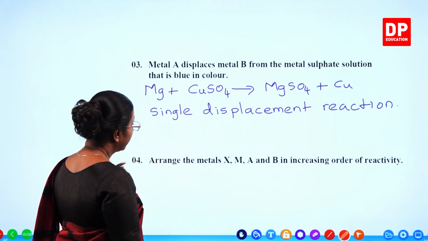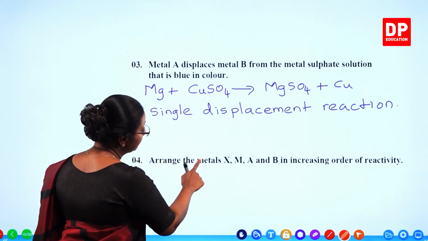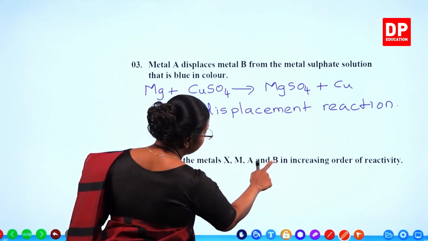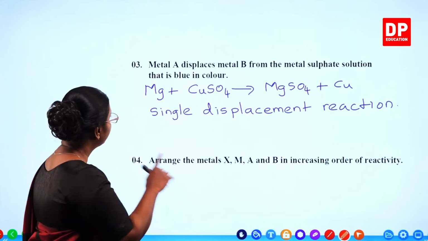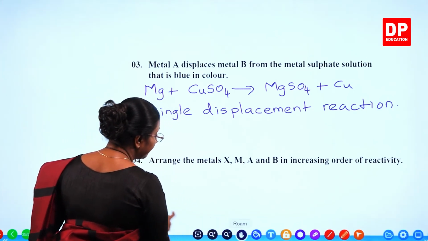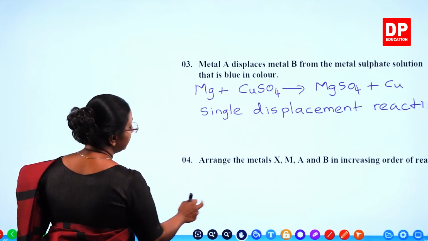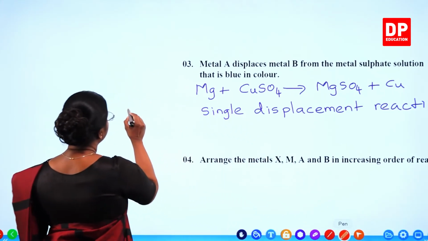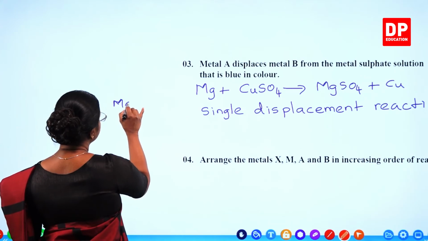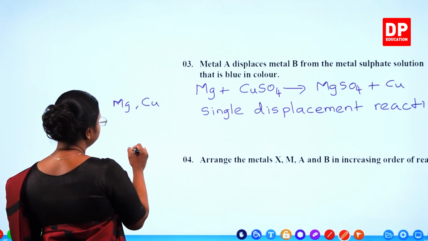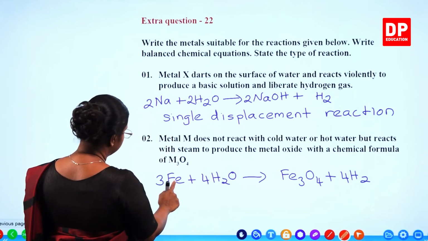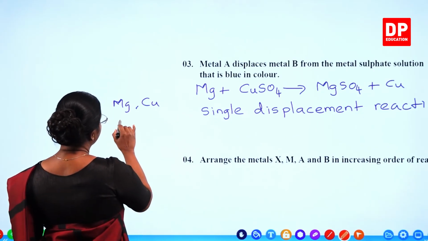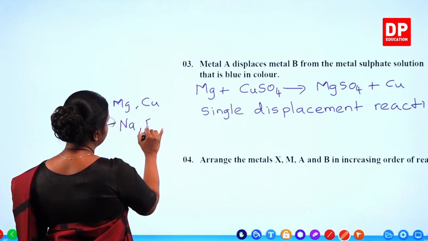So then, you need to arrange the metals X, M, A and B in increasing order of reactivity. So what are the metals we identified? Here I have taken magnesium, then we have copper, and in the previous slide, if you remember, sodium and iron.